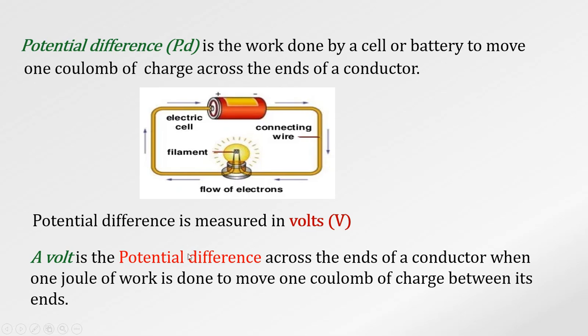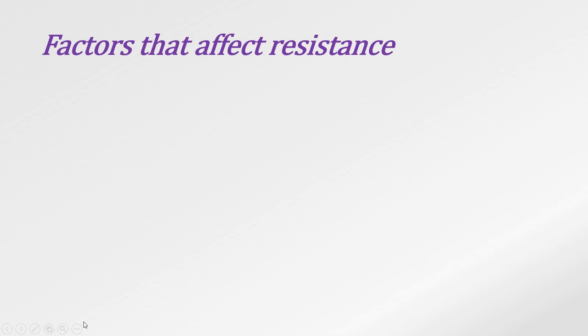So a volt is the potential difference across the ends of a conductor when 1 joule of work is done to move 1 coulomb of charge between the ends of the conductor. You have to practice defining those terms and understand them, and you will master them.